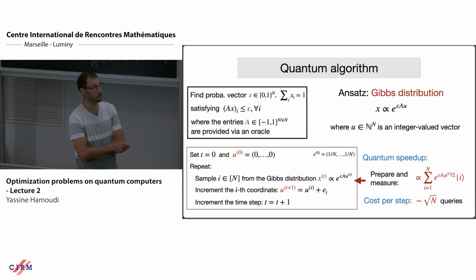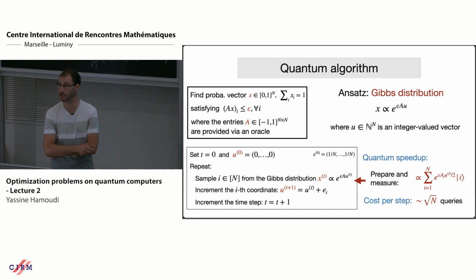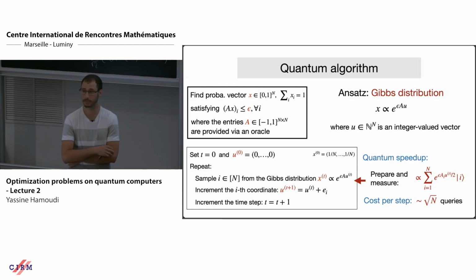If we were able to prepare the corresponding quantum state that encodes the distribution into the amplitude, then we could just measure the quantum state, collapse it to an index, and then use this index to update the ansatz. Now, the point is, you can show that preparing this kind of quantum state can be done using root n queries instead of n classical queries. There is some dependence on epsilon that I am omitting, but with respect to the dimension, you have a quantum speedup.